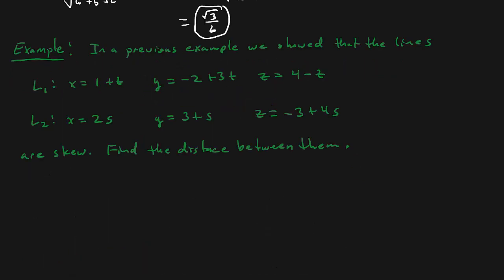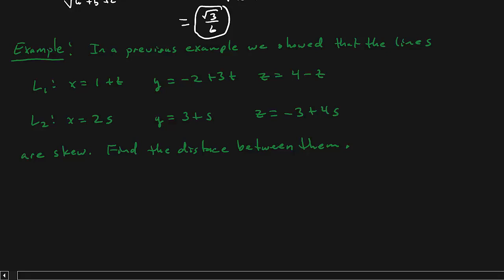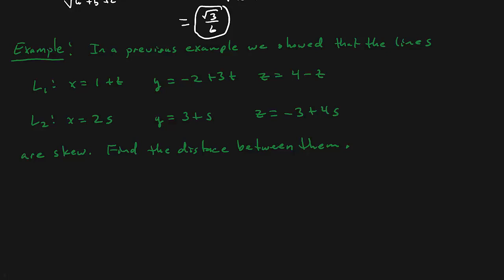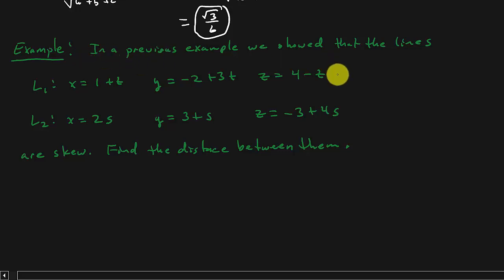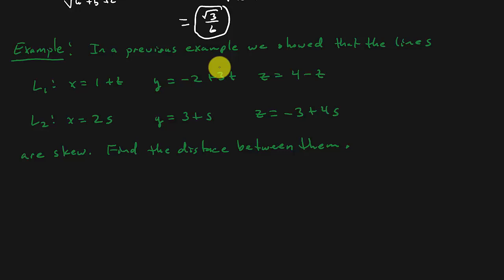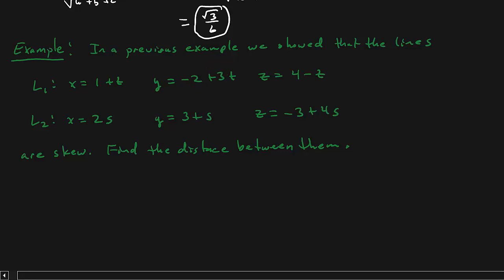All right, so let's take a look at the last example. It says in a previous example, which we did earlier, we showed that these two lines are skew. So they want us to find the distance between them. All right, if you have skew lines and they say find the distance between them, let's think about this.